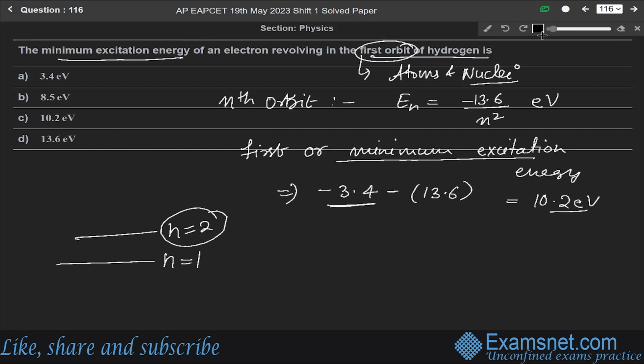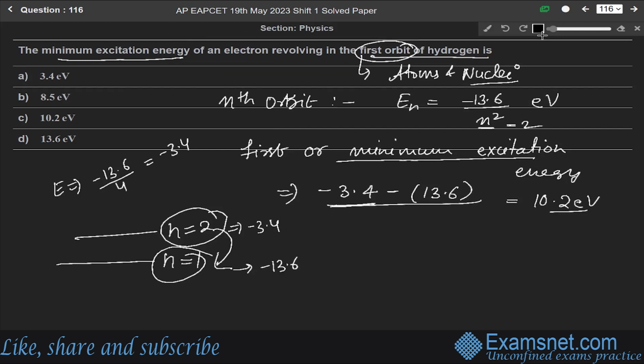If we put the value of n as 2, we get this energy is equal to minus 13.6 over 4, which is minus 3.4. And for n equals 1, we will get minus 13.6. So subtracting minus 13.6 from minus 3.4, we will get the minimum excitation energy, that is 10.2 electron volt.